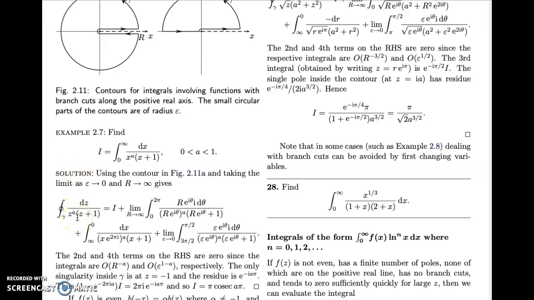It can't be e to the minus i pi, it has to be e to the i pi, because theta is between 0 and 2 pi. So z equals e to the i pi, evaluated at 1 over z to the a gives you e to the minus i a pi. So that's our residue, and rearranging and simplifying gives us the answer.